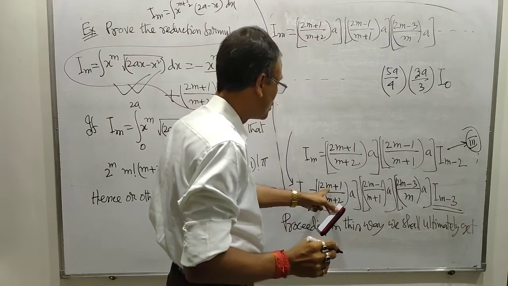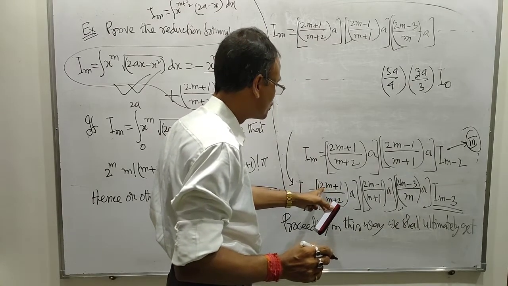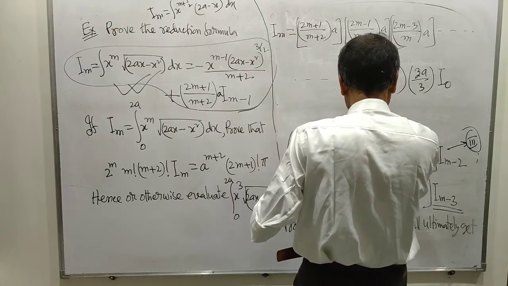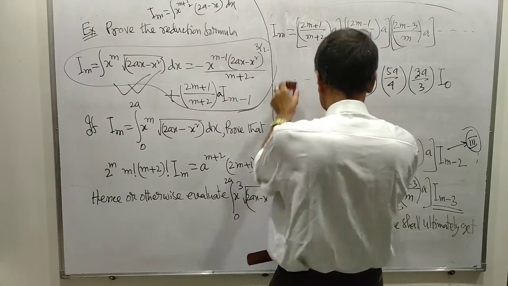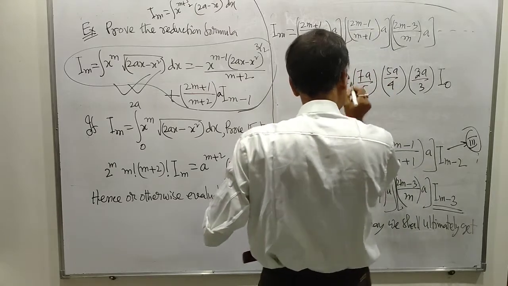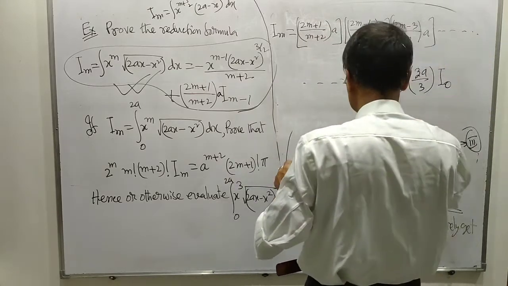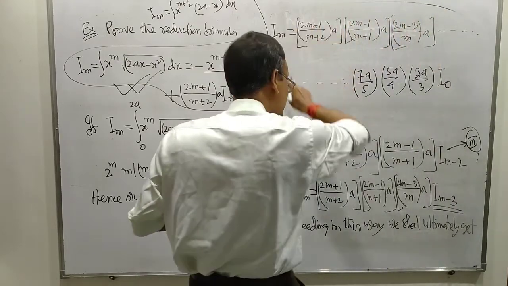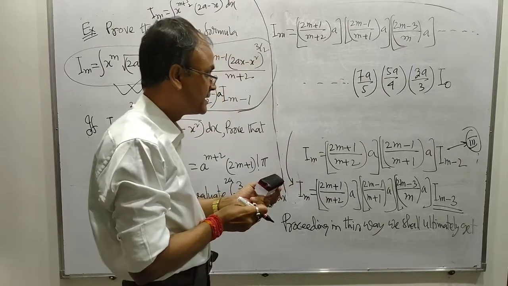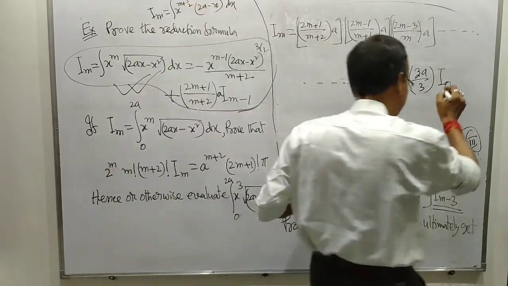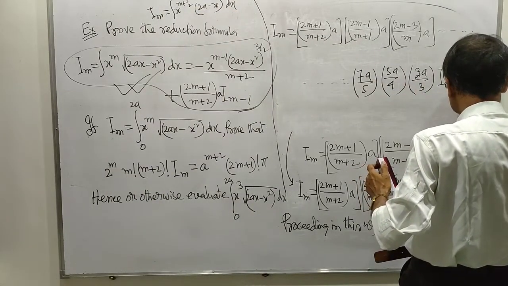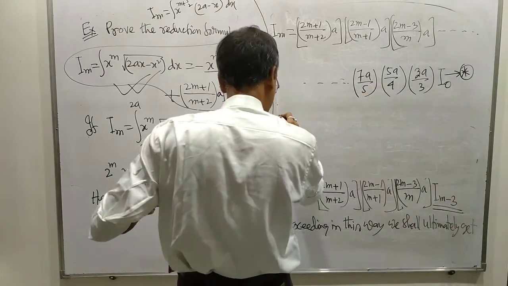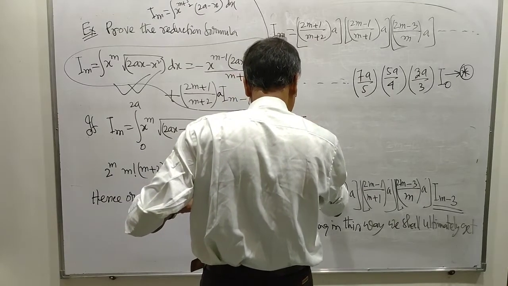Next term, m equal to 3, 3 into 2, 6 plus 1, 7a by 5. You will get this. I_m will be whole down this term. Suppose this number is star. Now I am going to find I_0.